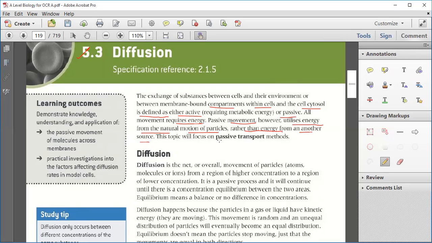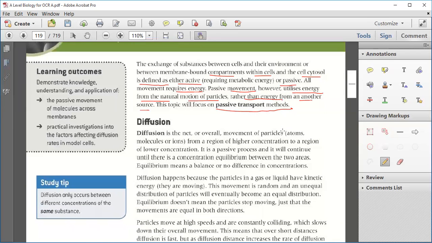In this topic, we are going to focus on those transport methods which utilize energy from the natural motion of the particles. Clear? This is known as passive movement.